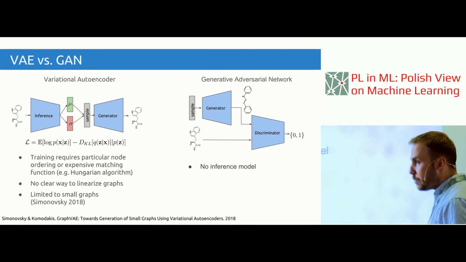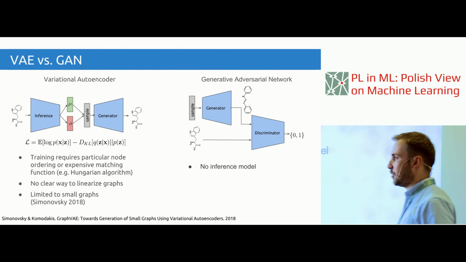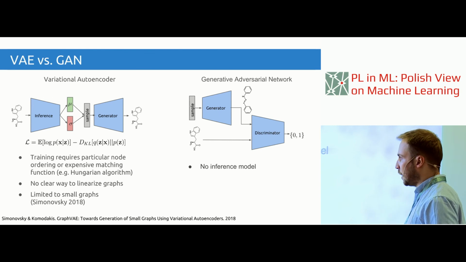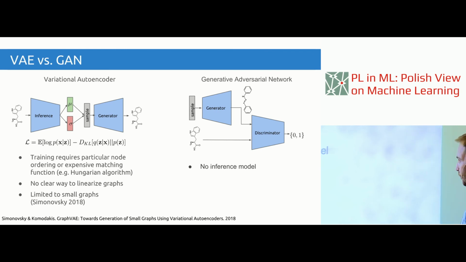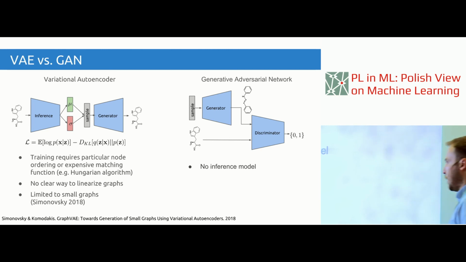So maybe we should decide on the other approach, generative adversarial networks, because these models don't have such problems with the reconstruction measure. The only drawback is that they don't have an inference model, but we have to live with that.